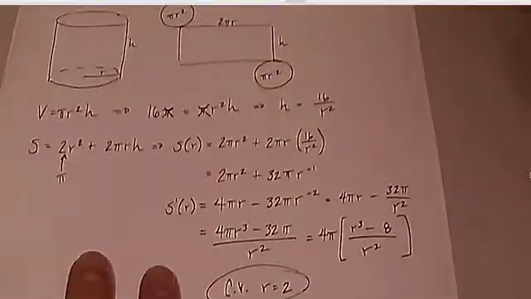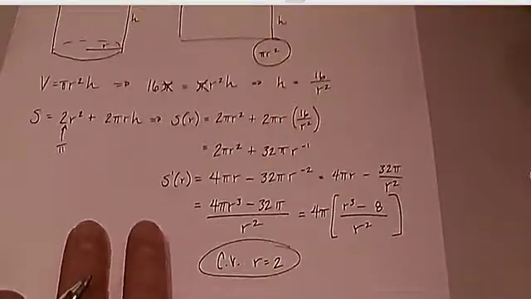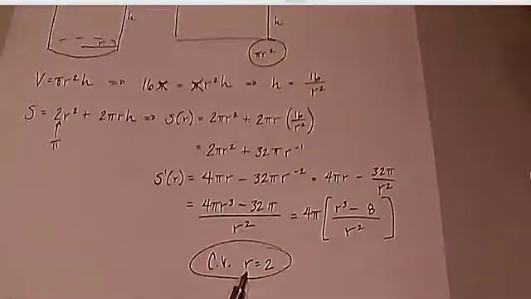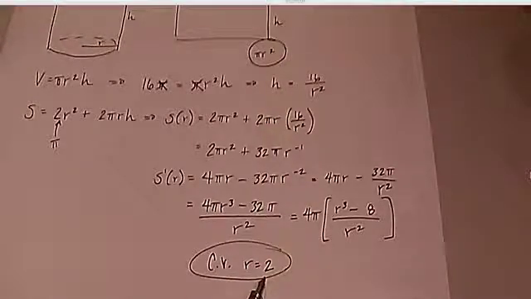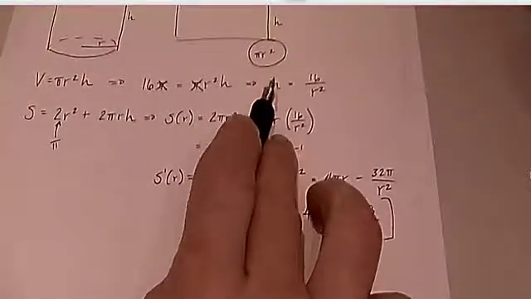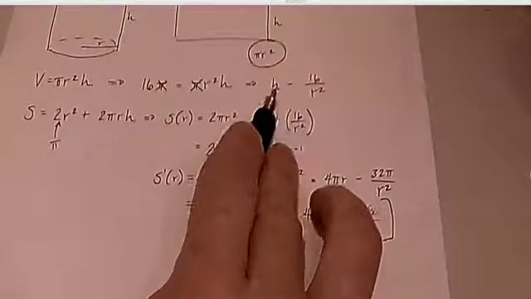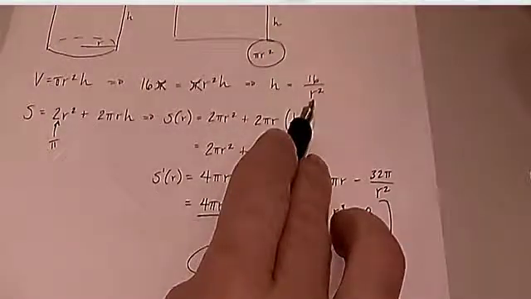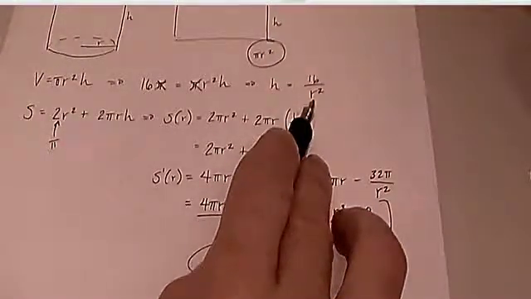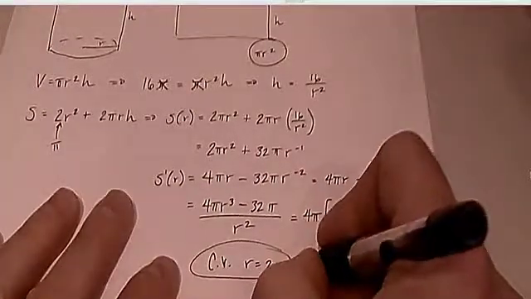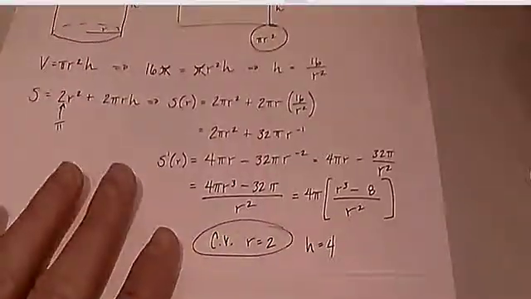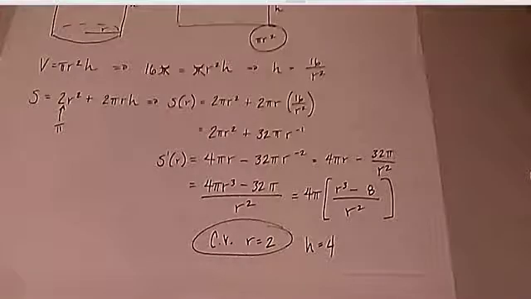It asks me merely to find, okay? And of course, if r is equal to 2, I need to go ahead and plug that back into here. Here's where h and r are related. And if I plug a 2 into here, I'm going to get 16 over 4, or 4. So those are your measurements that describe the scenario that minimizes the amount of metal needed in that particular one.